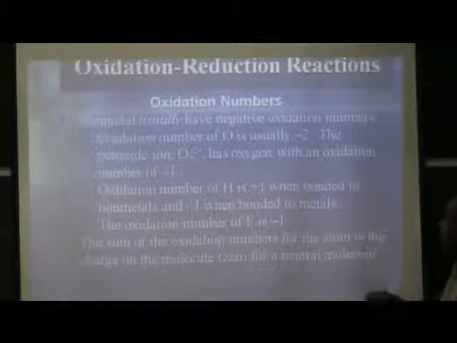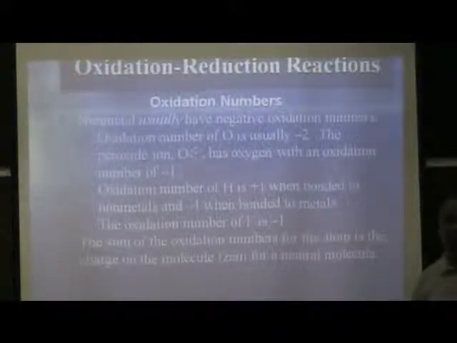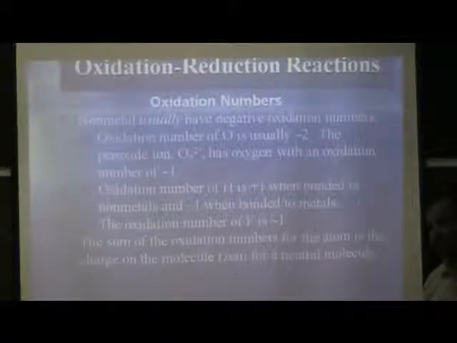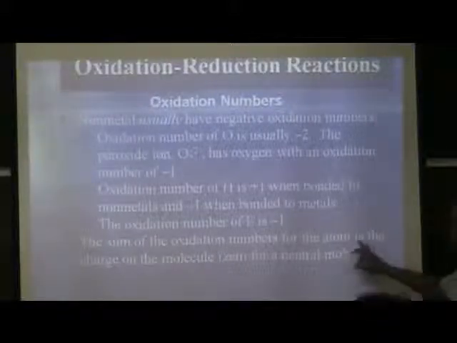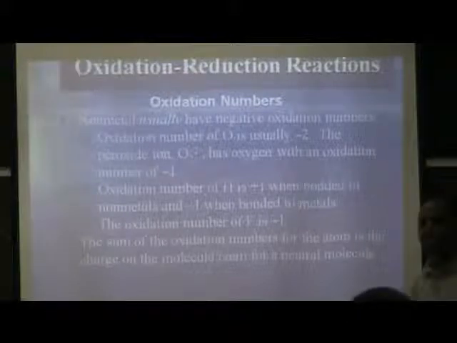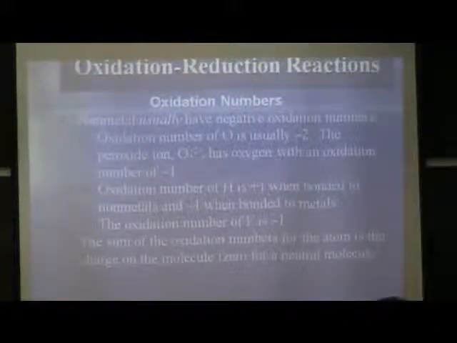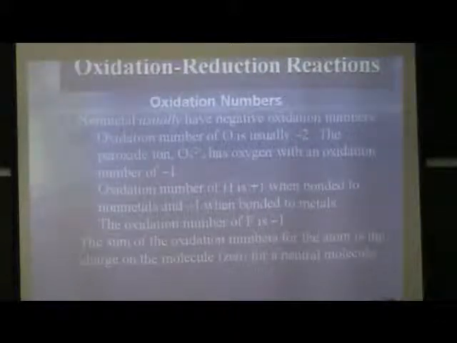The other feature that we know about oxidation numbers is that the sum of the oxidation numbers for the atoms is going to be 0 for a neutral molecule. If it's a molecular compound, the sum of the oxidation numbers is 0.